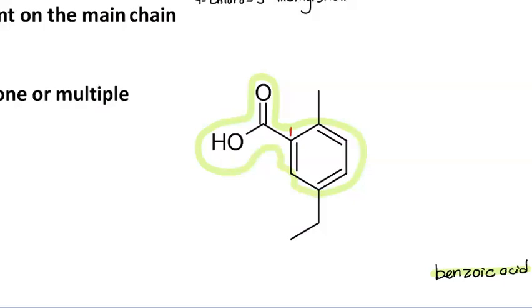So it's going to be 1, 3, and 6. If I go in the clockwise direction, this is going to be a 2, 3, 4, 5, 6. Then my substituents get a 2 and a 5. That is going to be lower number than having a 3 and a 6. So this is the correct arrangement in terms of the numbering of the cyclic system.